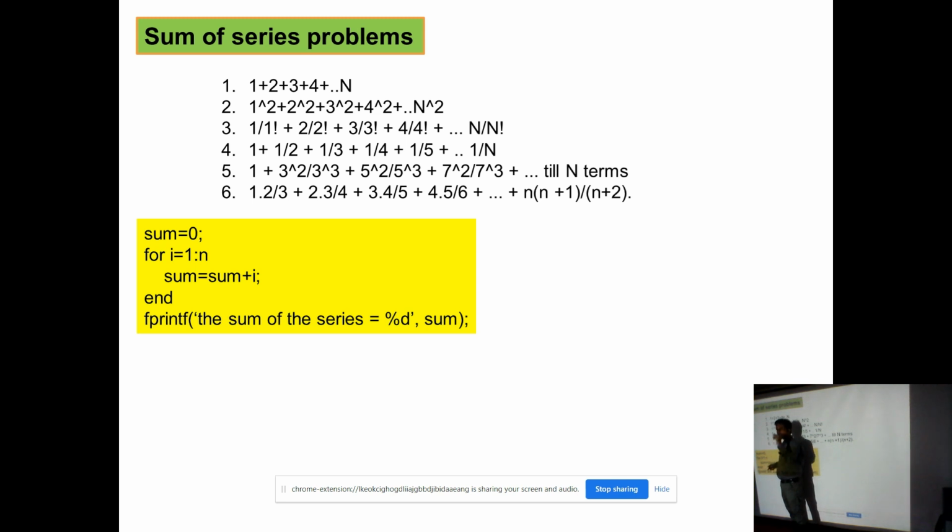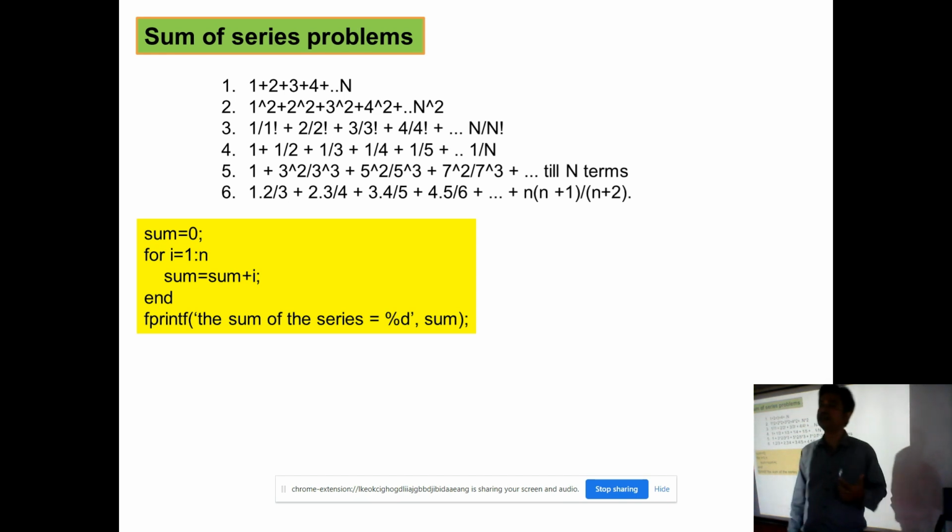Now what is the next sum? 1 plus 2 plus 3 plus what is I, it will come 4. So how many times I want to run the loop, that n I have written and I have kept in the sum, and after executing all the things I just print what is the sum value. At the end what is the sum? Finally what is left in sum will be printed in percentage d format. Over.